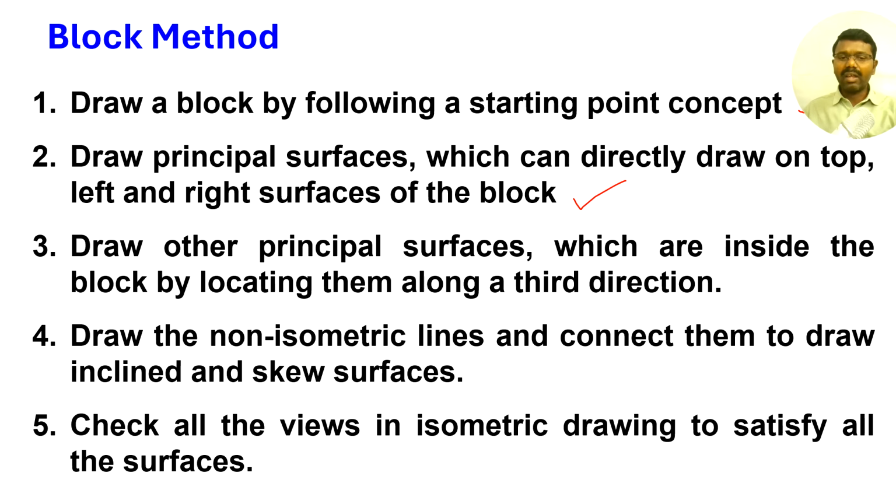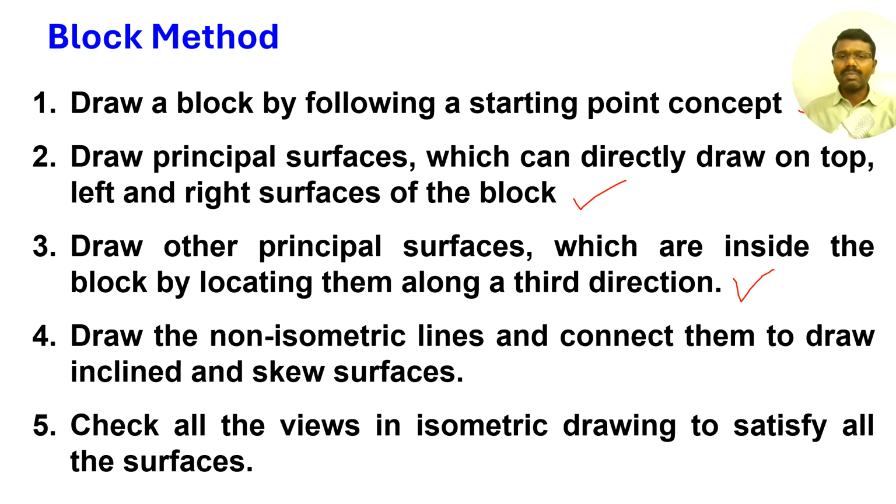And then draw the other principal surfaces which are inside the block by locating them in the third direction. Then draw the non-isometric lines and connect them to draw the inclined and skew surfaces. So you also remember the sequence. First we need to draw a block using the starting point concept, and then we need to draw the principal surfaces first.